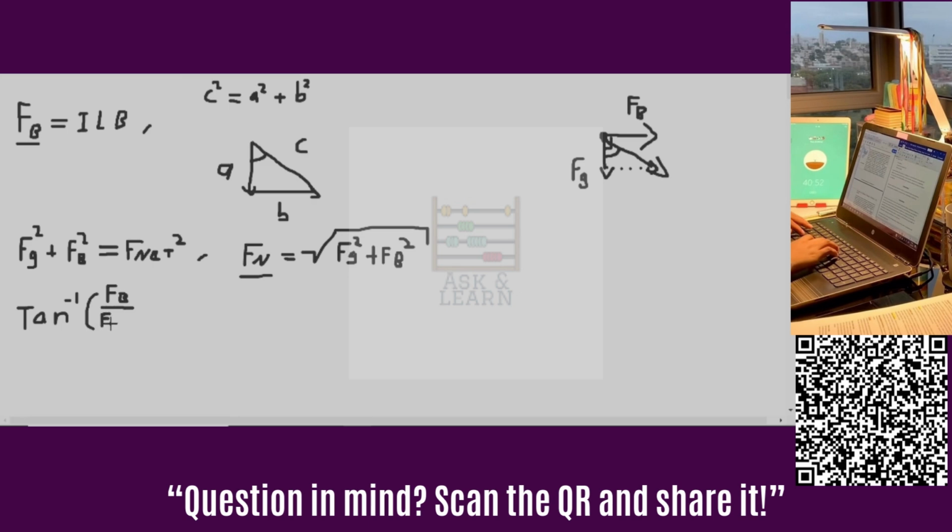These are two numbers that we already have. So simply divide F sub B by F sub G and then take the arctangent, or the inverse tangent, of it. And then this gives you phi, our angle that we wanted. All right, part A solved.